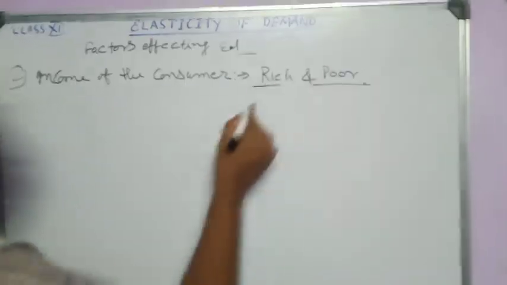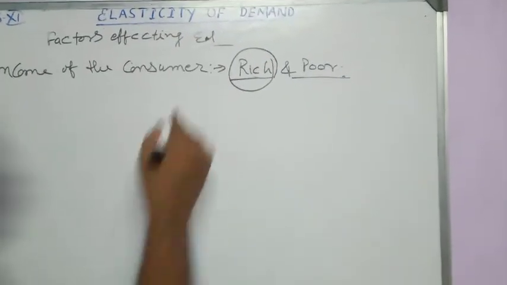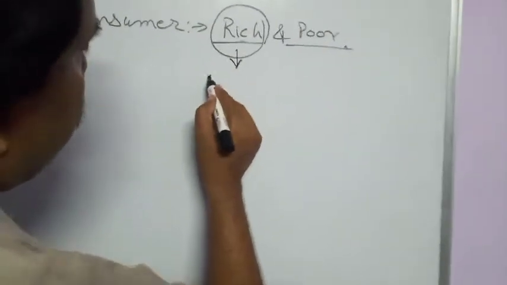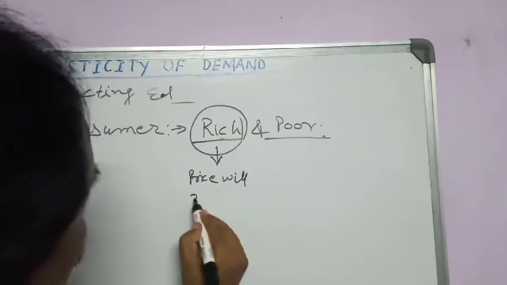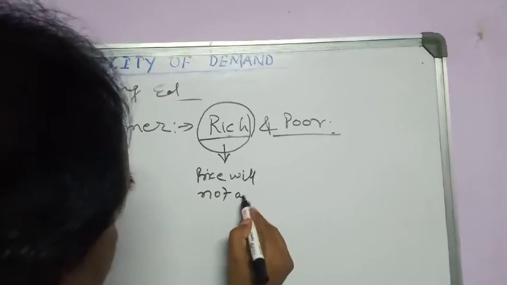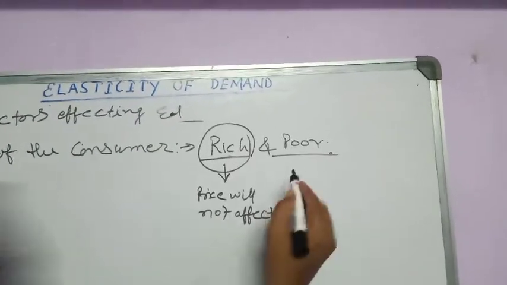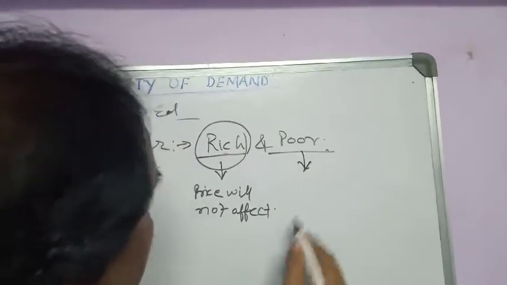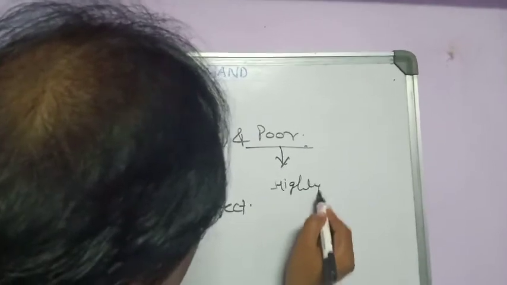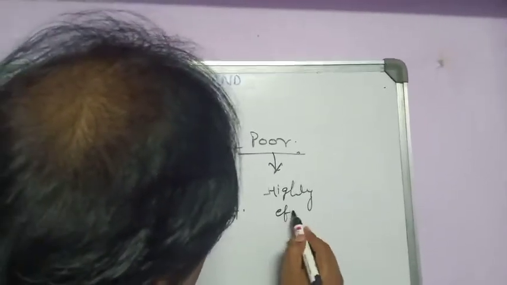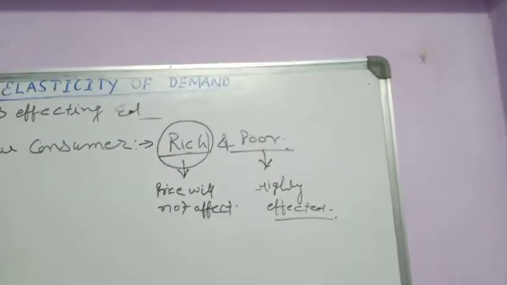So if there are a number of rich people, what will happen? It will not affect the price. Is it clear? And here poor people are highly affected. So it is affected highly.